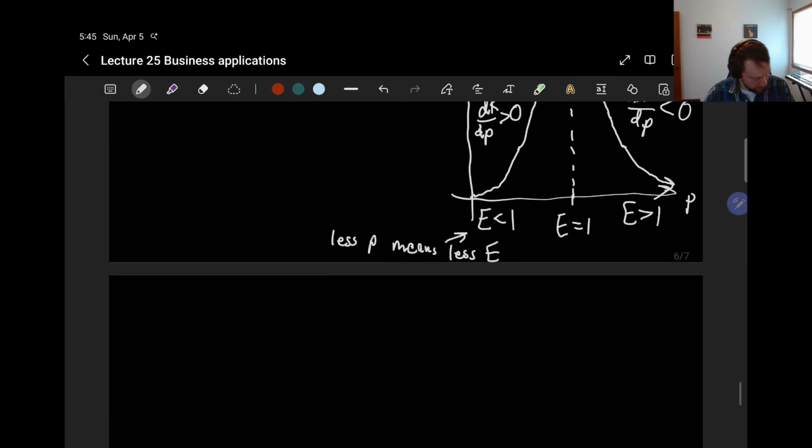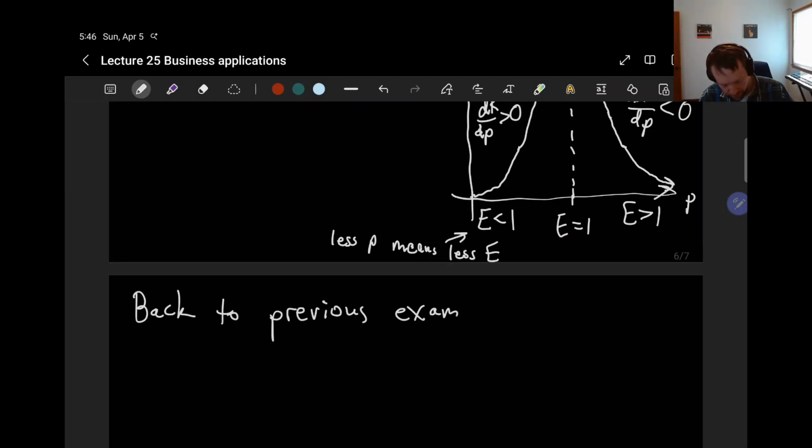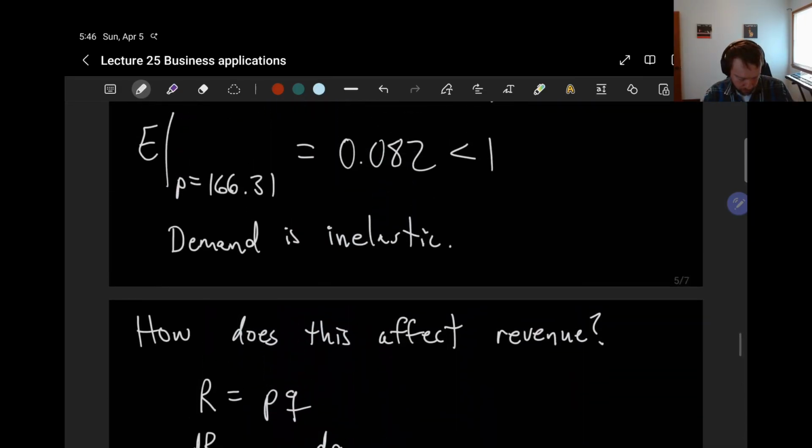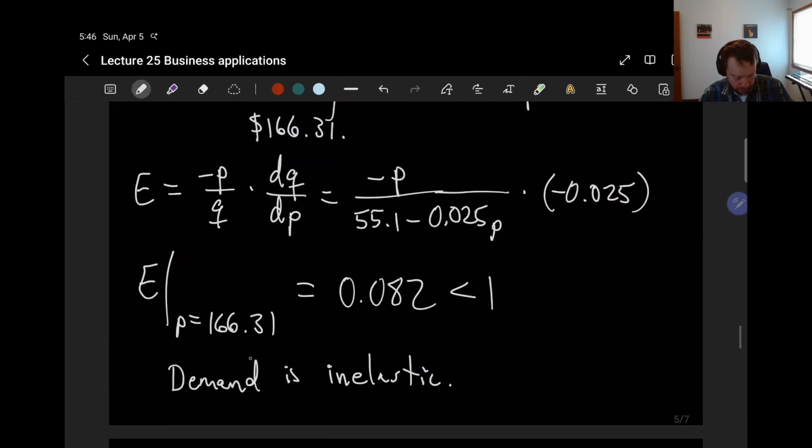So finally, for the sake of time, let's use our previous example with the air travel. So let's go back. We saw here that the demand was inelastic.